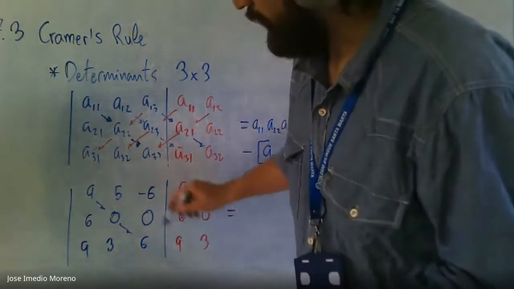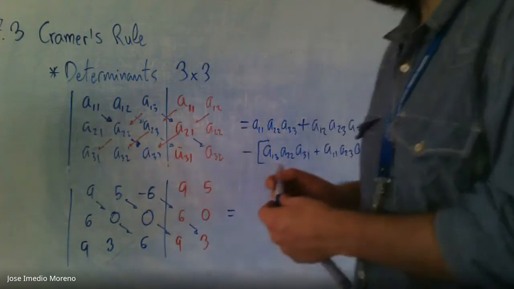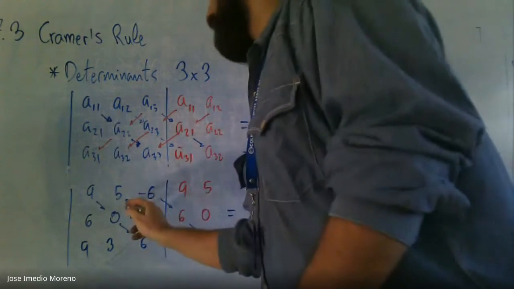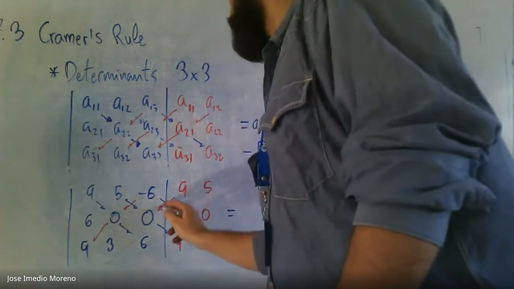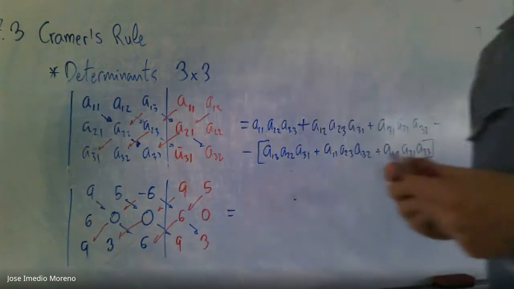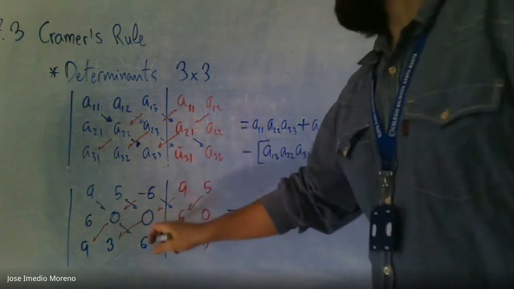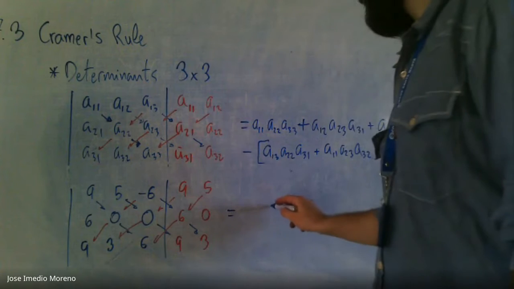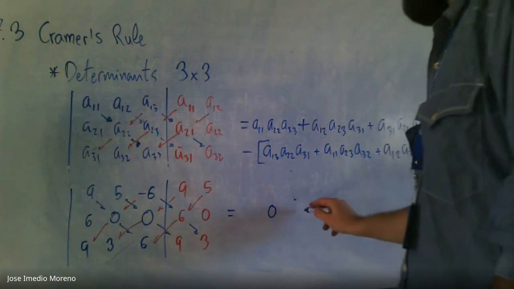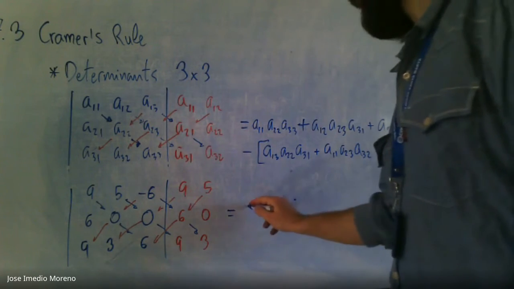First main diagonal, second main diagonal, third main diagonal. First secondary diagonal, second secondary diagonal, third secondary diagonal. So 9 times 0 times 6 is 0.